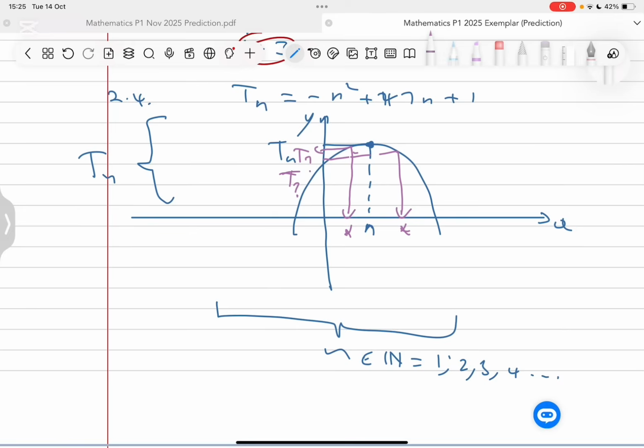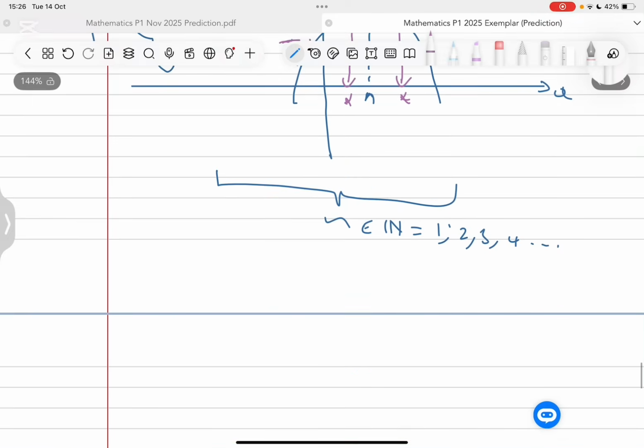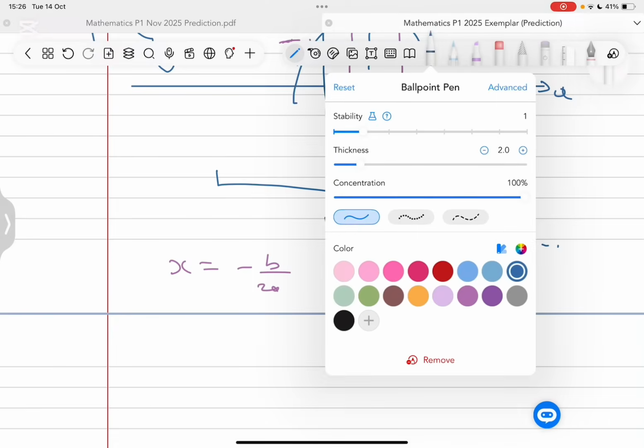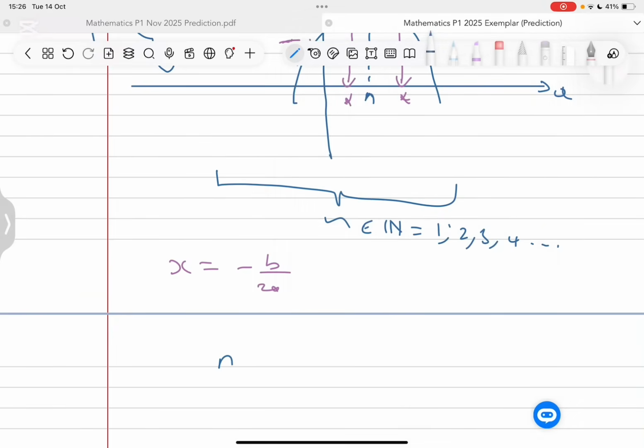Because this is a turning point, I can use the turning point formula of a quadratic function. My turning point formula is given by x equals negative b over 2a. In this case, I will change it to an n because our x is n, the number of terms.